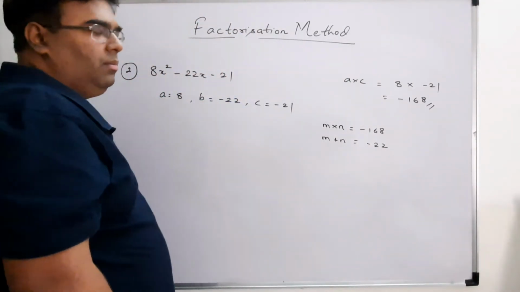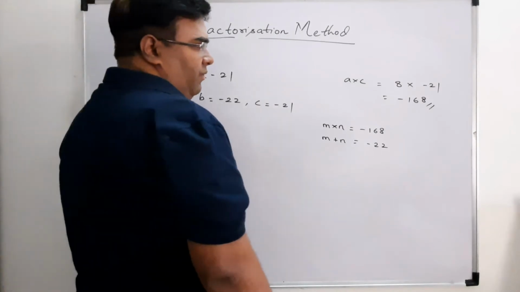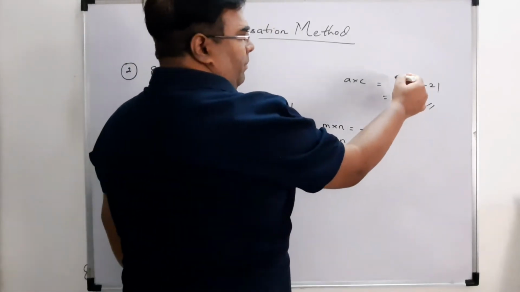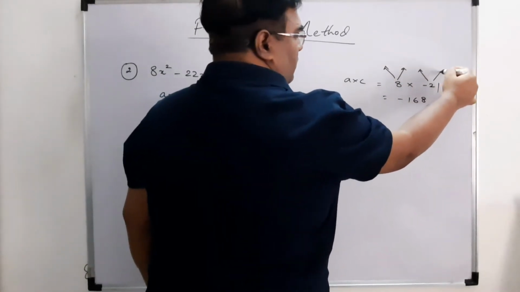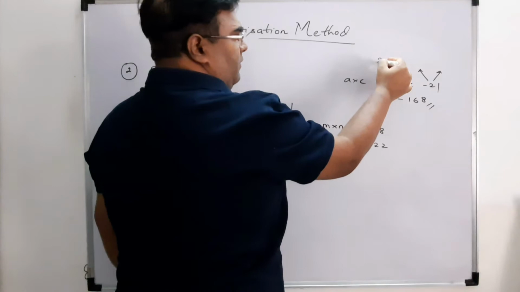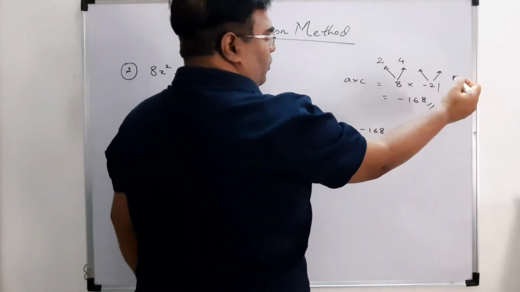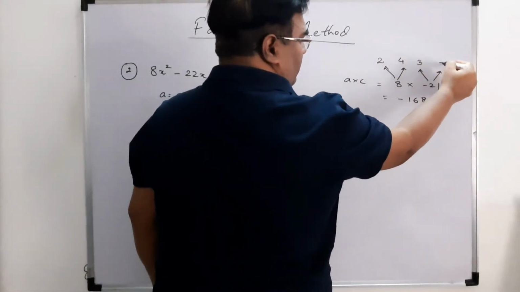To get the numbers m and n, first we will break these numbers into smaller ones, let us say 2, 4, 3, 7.